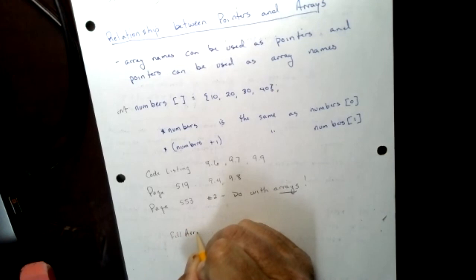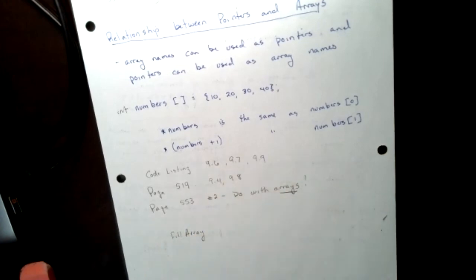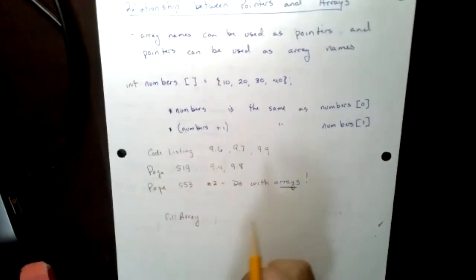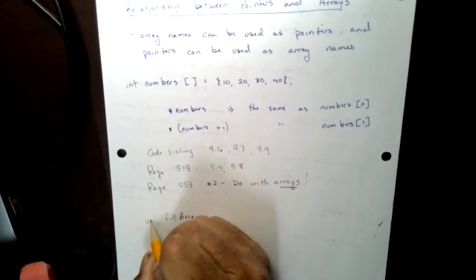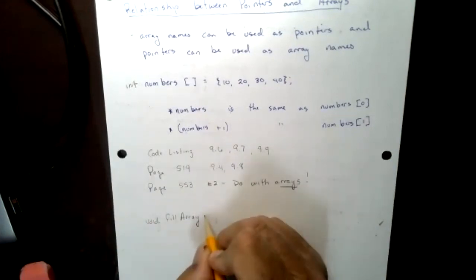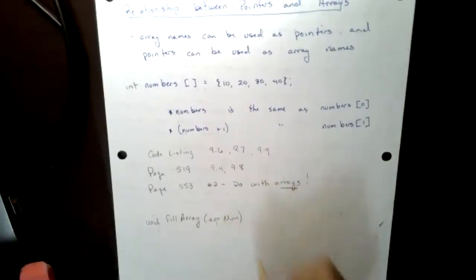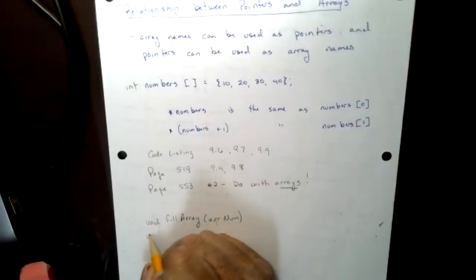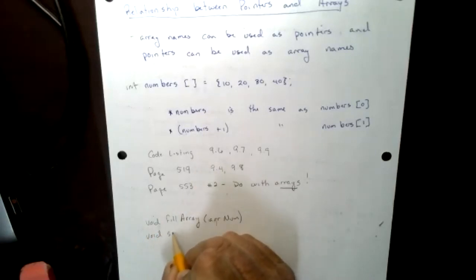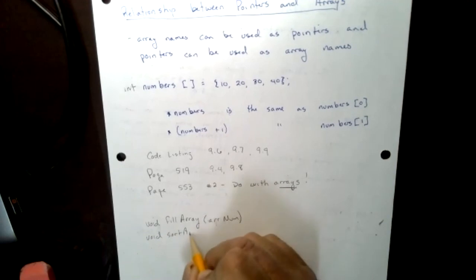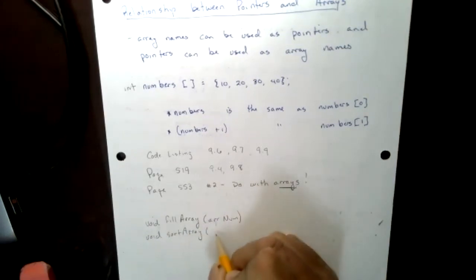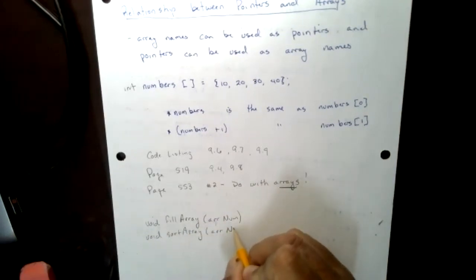Sound good? Fill the array. And this is going to be a void, and I'm going to have to pass in the array and num. Once it's filled, then I'm going to need to sort it. Void sort array. Again, I'm passing in the array and num.